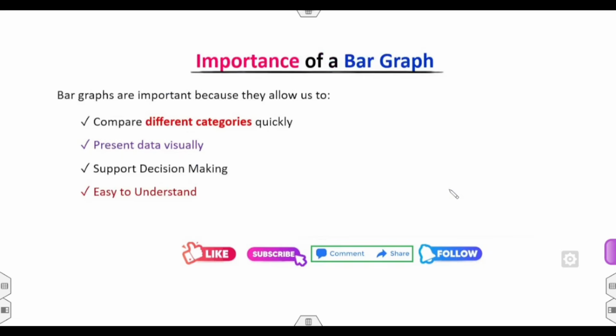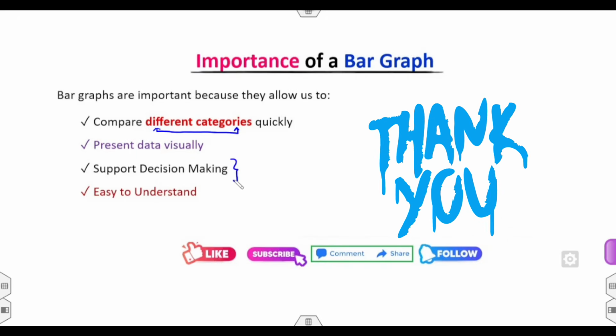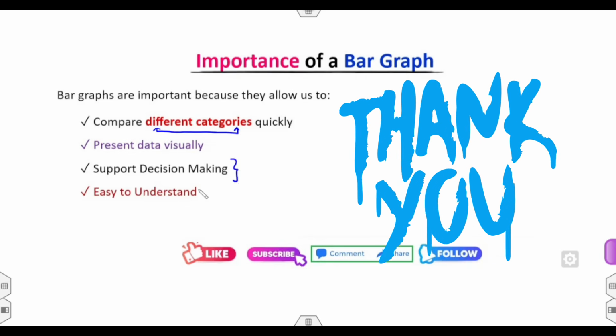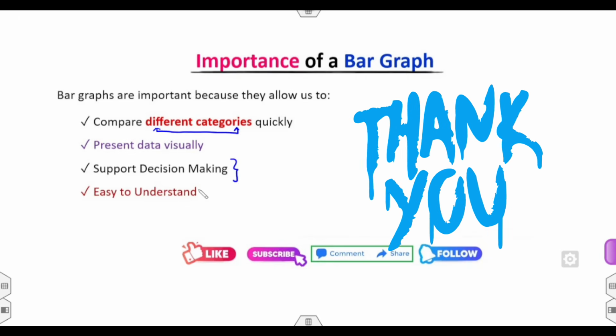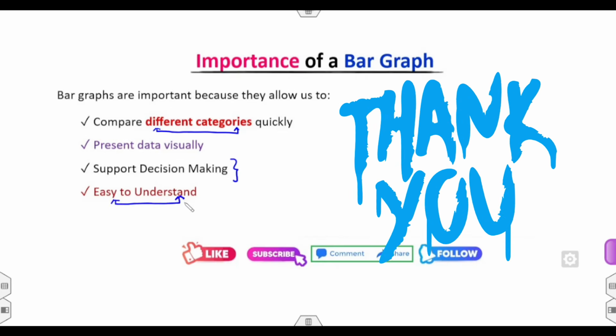Bar graph is important. What is the importance of the bar graph? Whenever we are trying to compare different categories, we can represent the data visually. We can spot and support decision making. Decision making means whenever you are trying to compare two or more data sets, it is easy to understand.